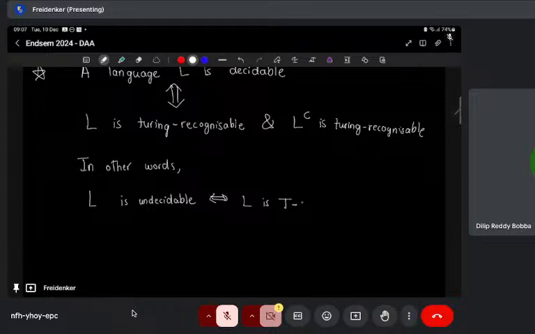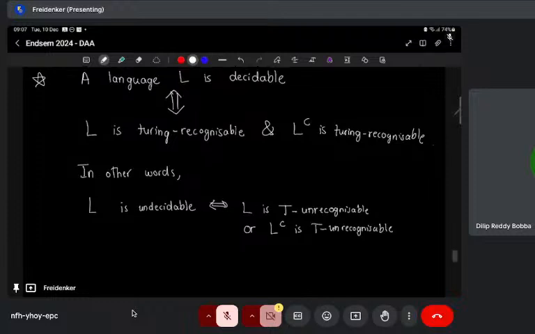L is Turing unrecognizable, or L complement is Turing unrecognizable. I just wrote the same theorem, but I took the negation. So this is one theorem.